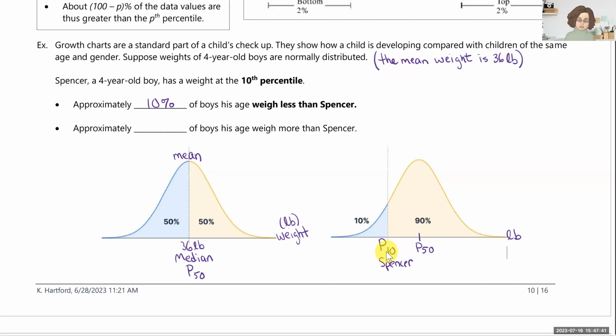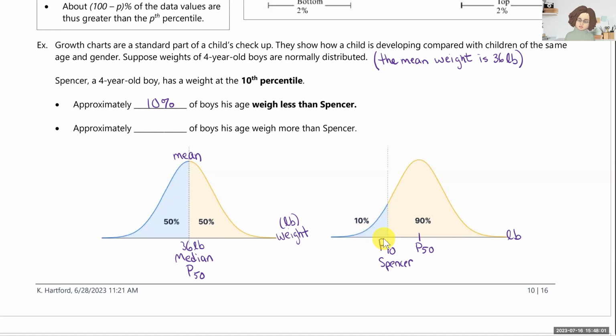Now notice I don't even know what Spencer weighs. It's not relevant here. We're not interested in the specific value of what he weighs. We're interested in how he compares to other boys his age. So if he was in a huge group of boys at some conference, about 10% of boys would weigh less.